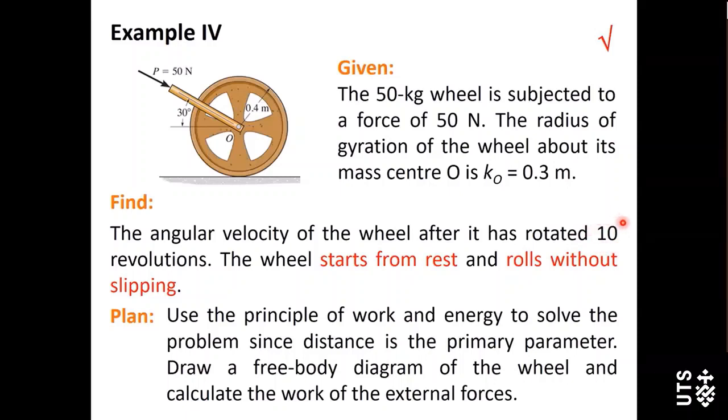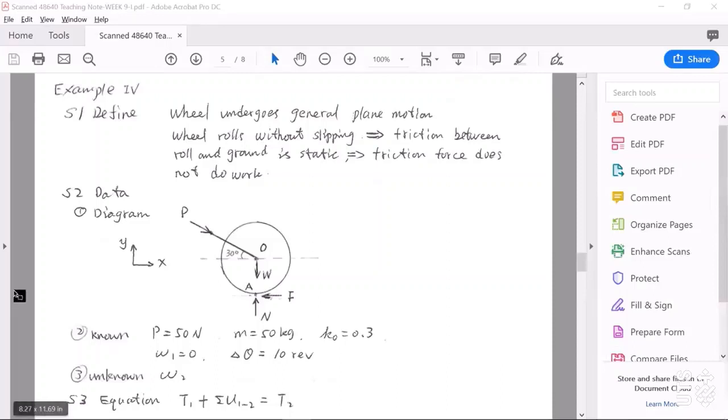It has rotated 10 revolutions. Solution. After defining this problem, we already know this wheel undergoes general plane motion. This is the rolls without slipping. It's general plane motion.